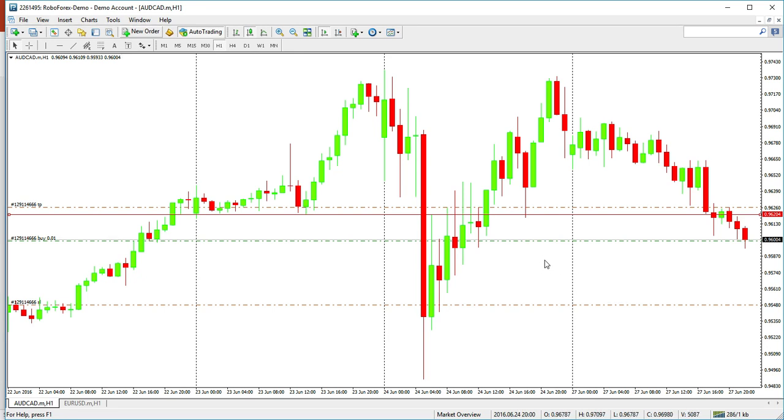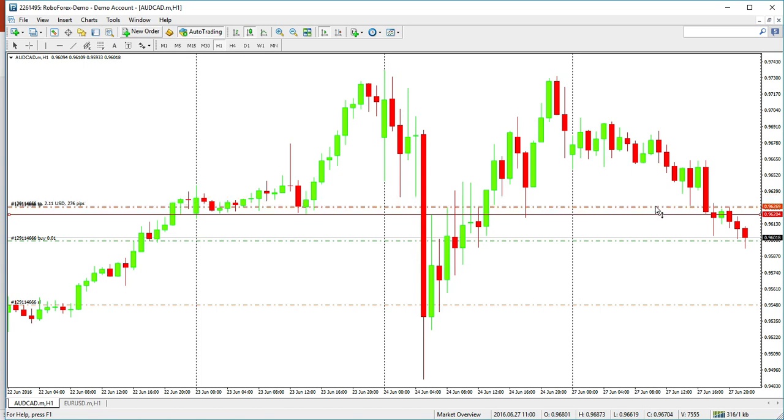In this new version 6, I have introduced trailing take profit along with trailing stop loss. If your take profit and your current price are less than your new trailing take profit value, the EA will start moving your take profit upwards.